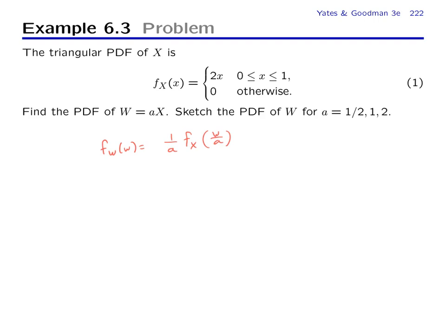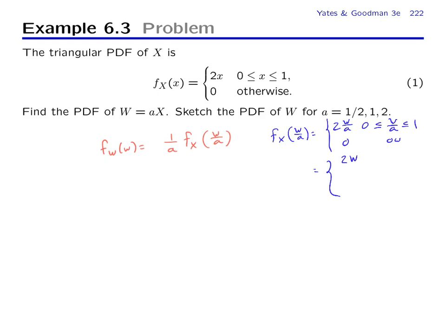In particular, the PDF of X at w over a, we can find by substituting w over a for x. So it's 2w over a, for 0 less than or equal to w over a less than or equal to 1, and 0 otherwise.